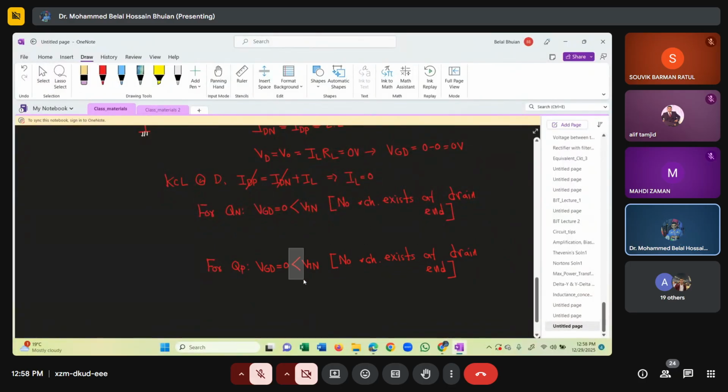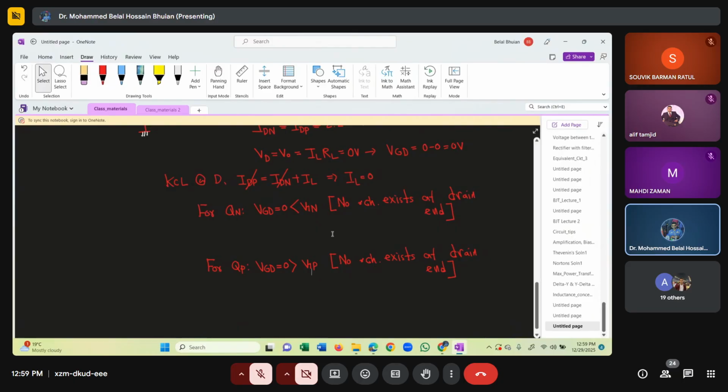In that case, it is greater than VTP. VTP is -1. So 0 is always greater than -1. So no channel at the drain end.